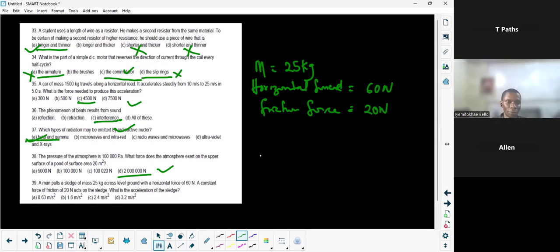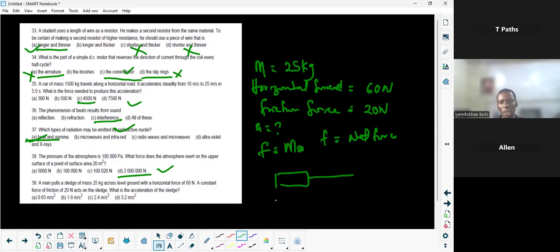How do we find the acceleration? We know that F is equal to ma. So how do we get this force? The F there is what we call the net force. Now, how do you get the net force? Assuming that this is a ball, the man pulls it towards this direction. There's always going to be a backward reaction from the ground, which is your frictional force, which is 20 Newton, going backward.